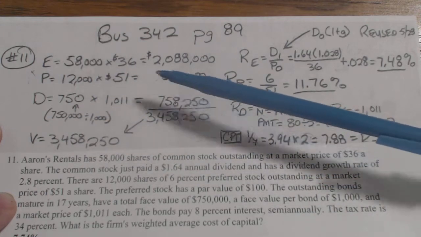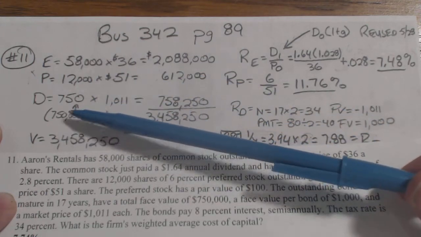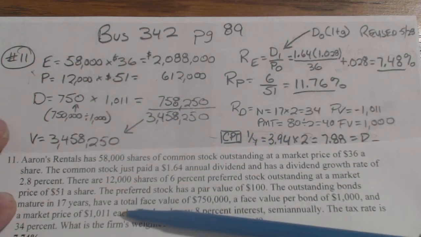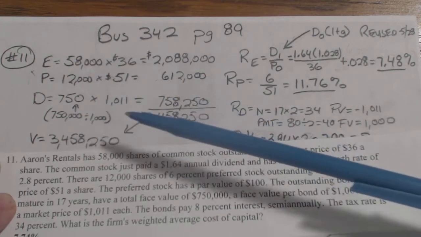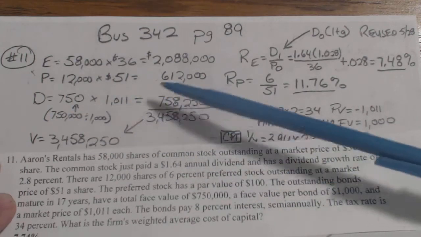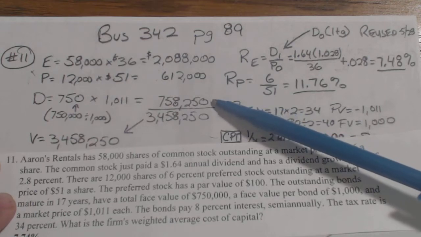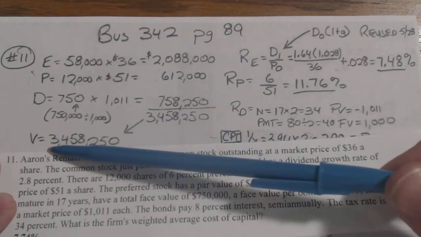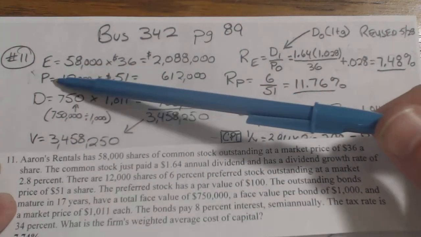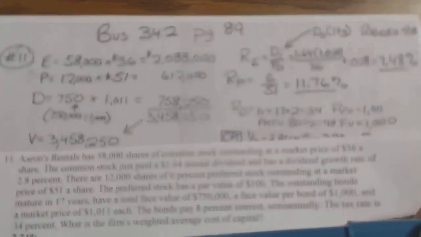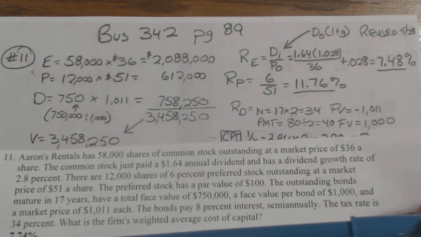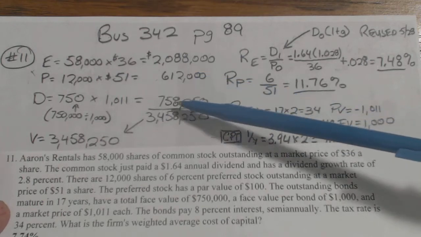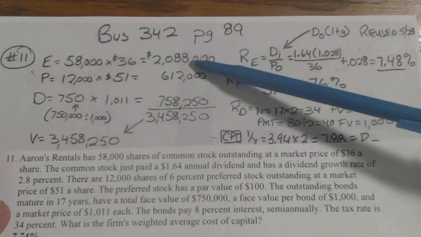So that's 612,000 for the preferred. 750 bonds times $1,011, the market price, or 750,000 times 1.011, you still come up with 758,250. So that's these three. You add them together, that gives you V. Remember, this is E equity, P preferred, D debt, and V is those combined, the total value. That gives you your weights: E over V, P over V, D over V for equity, preferred, and debt.